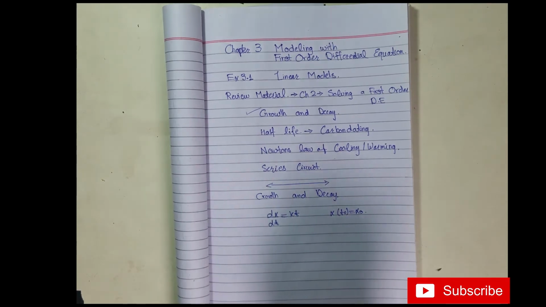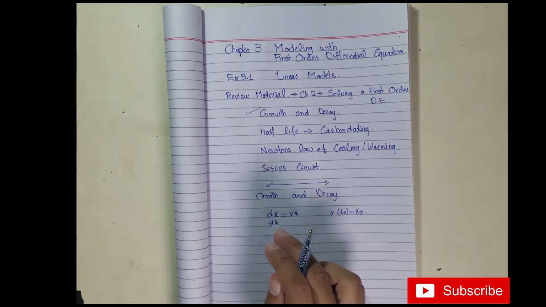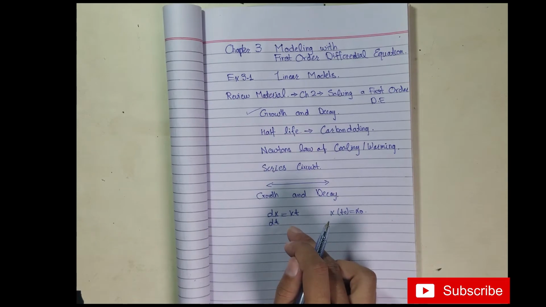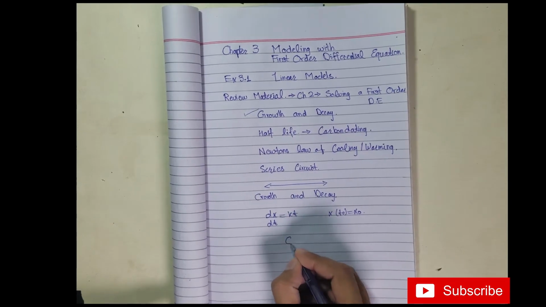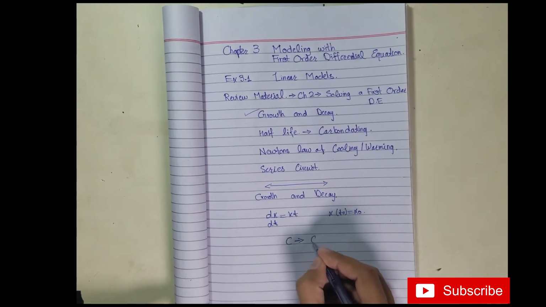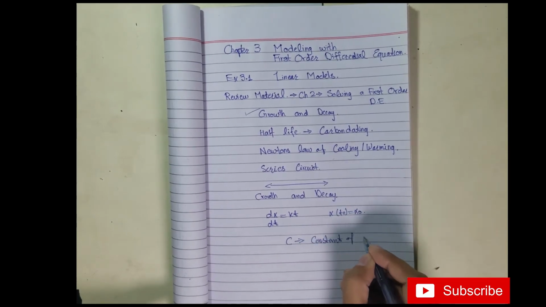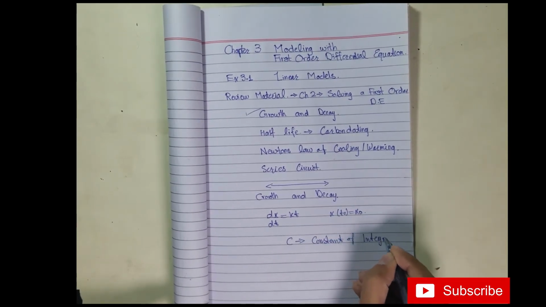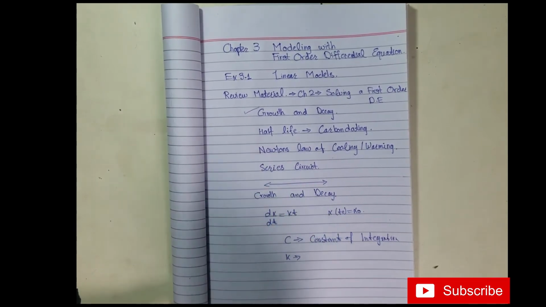So it means that whenever a differential equation problem comes, you will have to form the equation, which will be in the form of a first order differential equation. In this you will encounter two constants: c, the constant of integration, and k, the constant of proportionality.